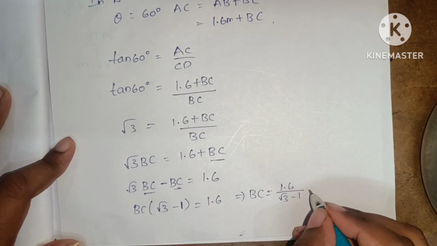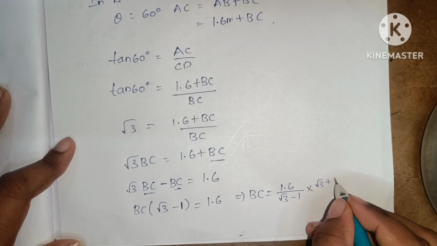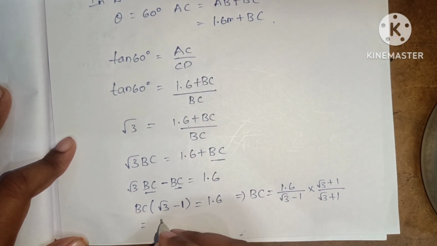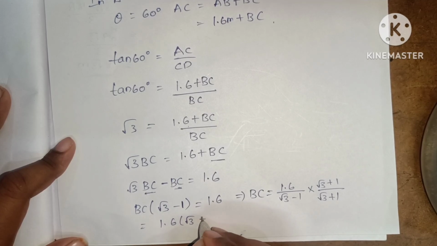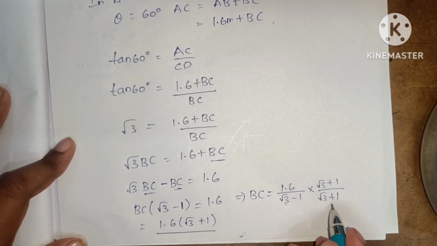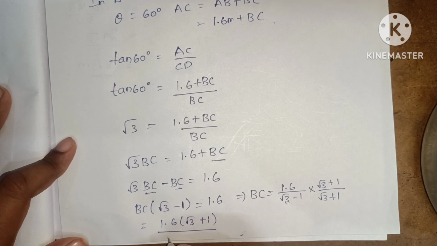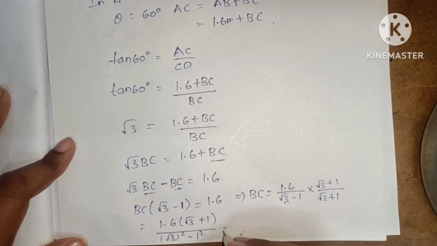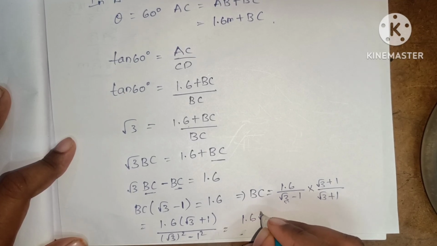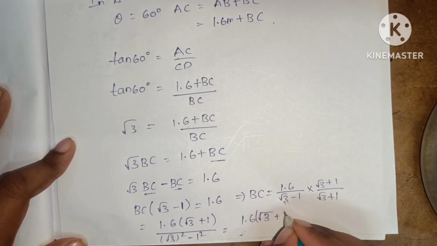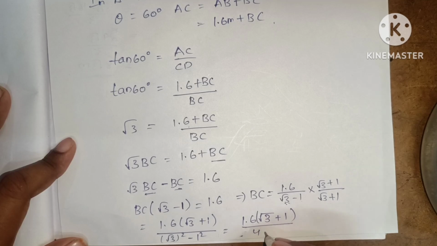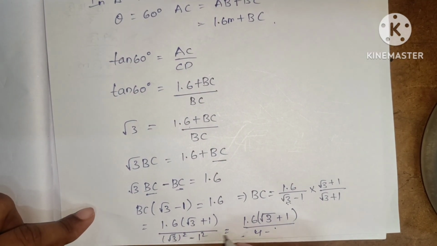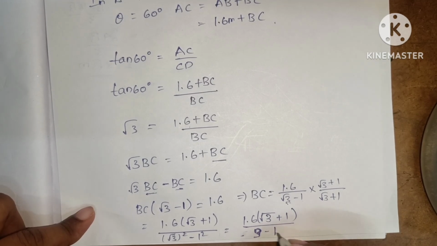So the denominator has a root, so you have to rationalize with root 3 plus 1. So 1.6 into (root 3 plus 1) by (A minus B)(A plus B), that means A square minus B square. That means 1.6 into (root 3 plus 1) by (3 minus 1), since root 3 square is 3.